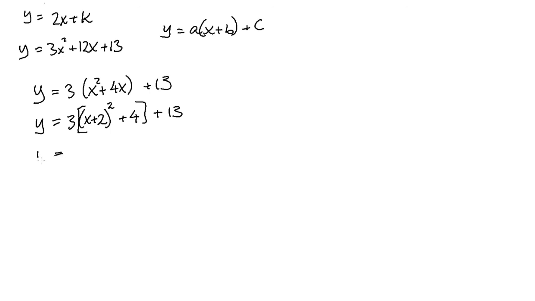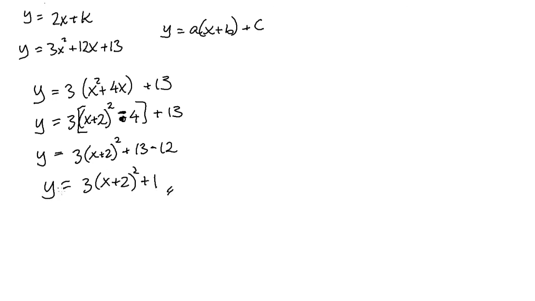And y is equal to 3 times (x plus 2) squared plus, this has to be a negative 4 because a plus 4 is generated, so you have plus 13 minus 12, because 3 times 4 is 12, and you get that 3 times (x plus 2) squared plus 1 is y, and that is the form that they want.